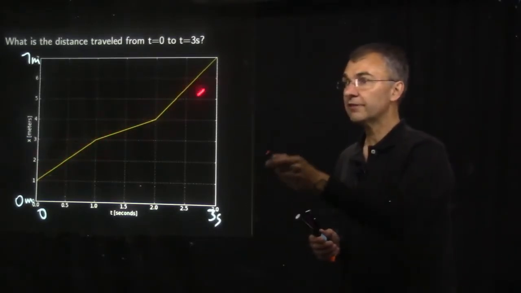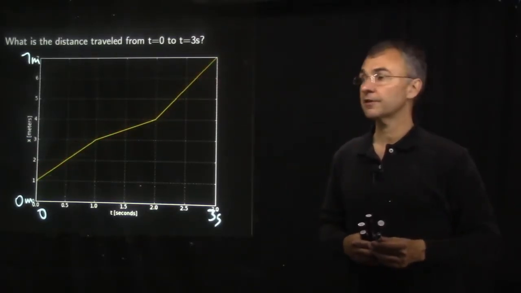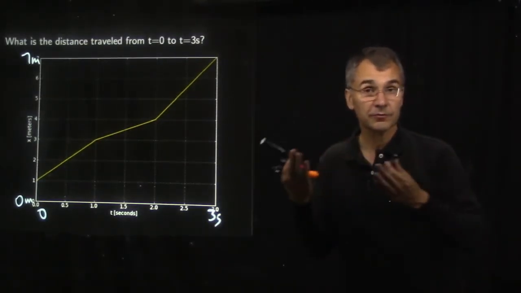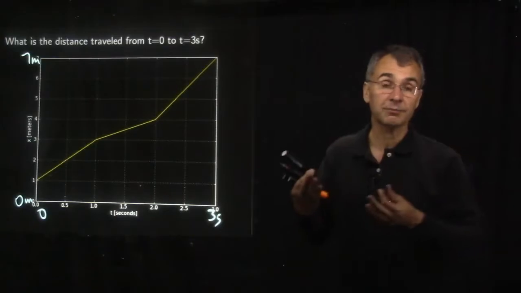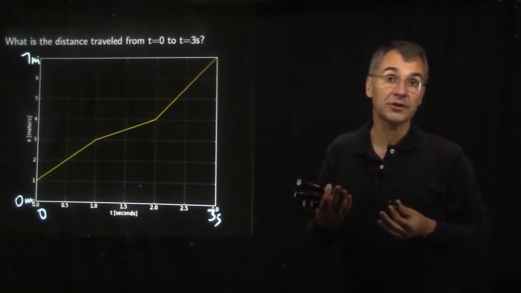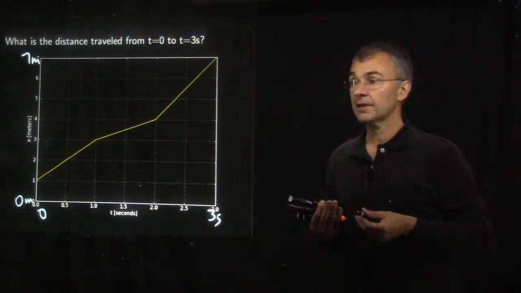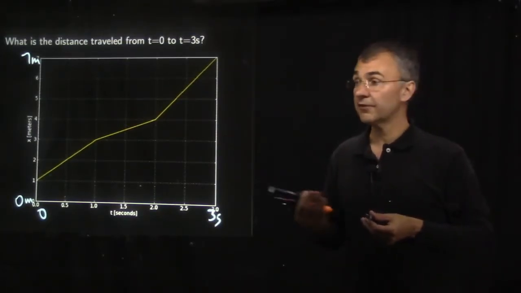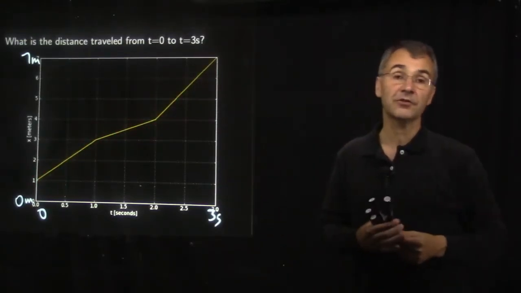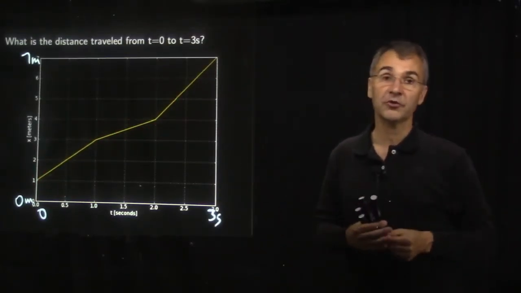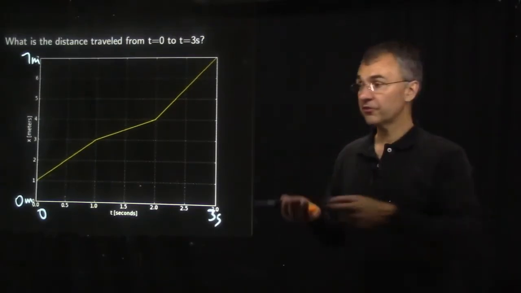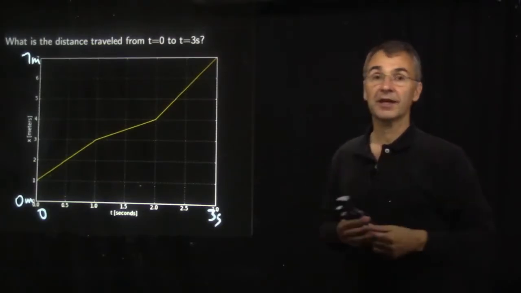Well, do we ever change direction here? In other words, do we ever change from moving forward to moving backward, which is what changing direction is in one dimension? I say no. I think we're always going forward. It appears that we're going forward at different speeds in these 3 segments, but we're always going forward. So we can just take the beginning to the end.